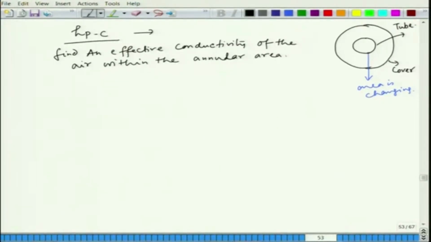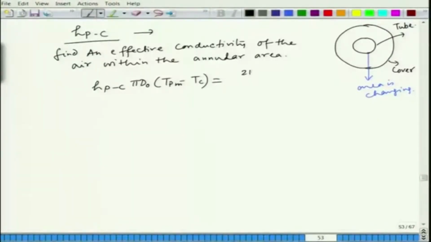Okay. So, in that case, if we get that, then we can write that this heat transfer that is happening because of the natural convection, we can equate it as if conduction is happening with an effective value. Okay.